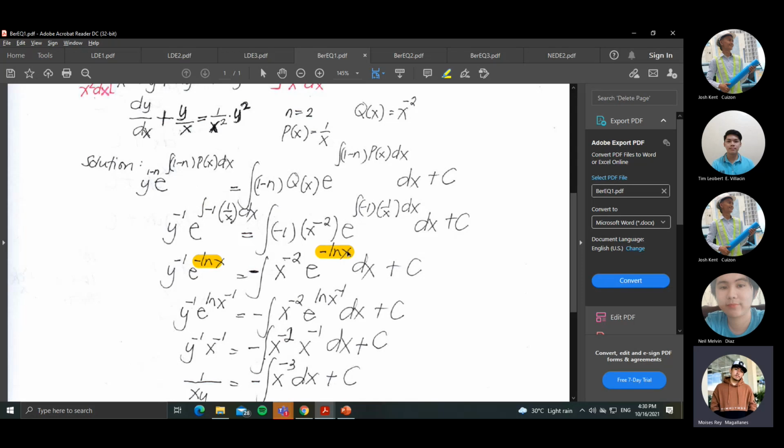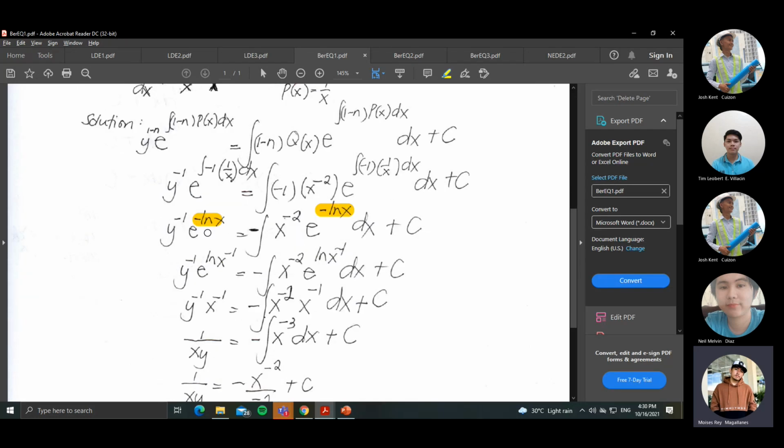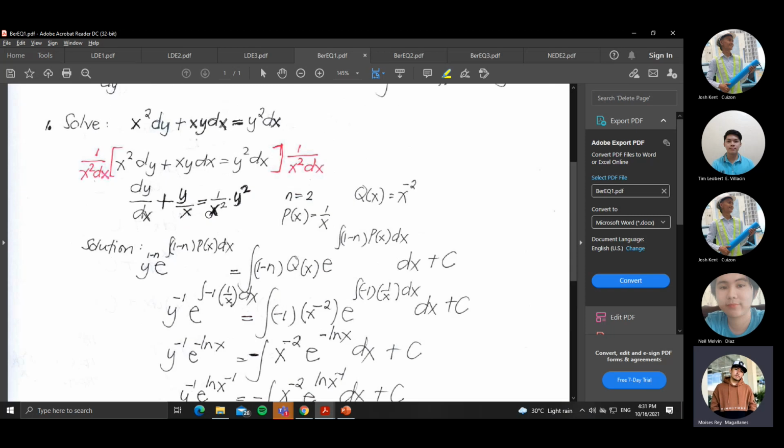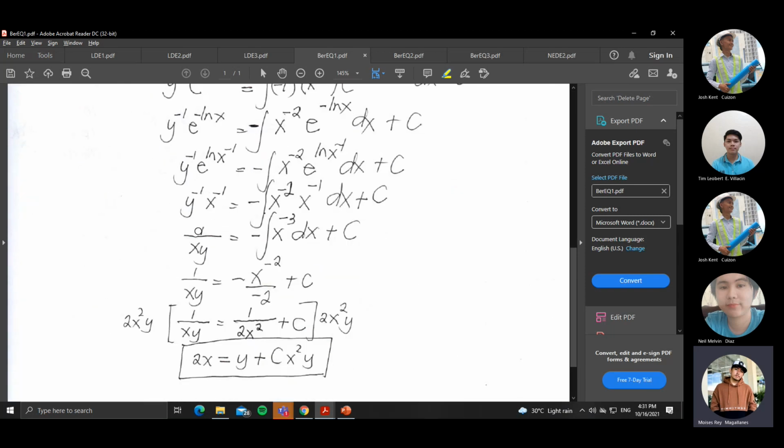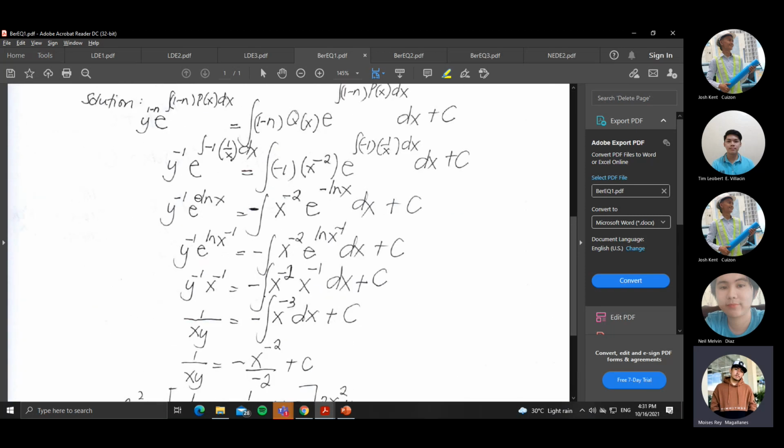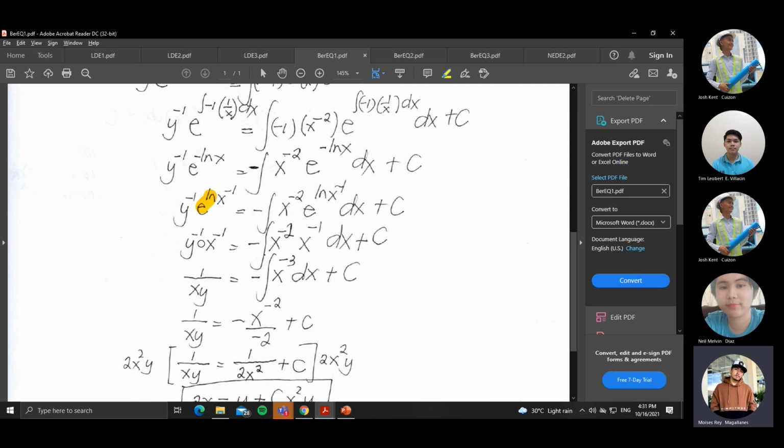Earlier we had ln and e, so the two cancel. Going back to the law of logarithms, the coefficient is moved as a power of the variable, so it becomes ln x raised to the power of negative 1, and then it cancels. Our answer is y raised to the power of negative 1 times x raised to the power of negative 1, the same as here.